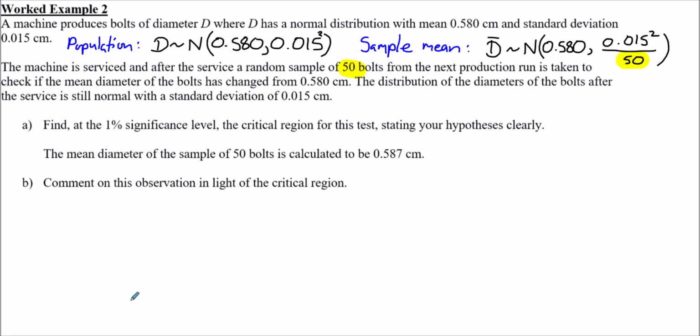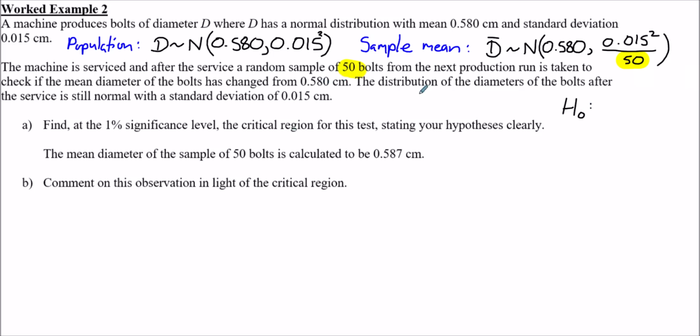So we need to find, at the 1% level of significance, the critical region for this test, stating the hypotheses clearly. So for A, H0 is either innocent until proven guilty, or no change, either or. So here we're going to go for there's no change. So we are going to go for assuming that the mean is unchanged.